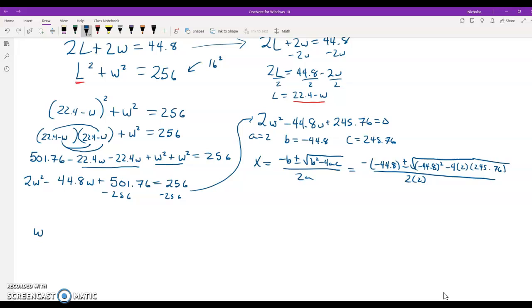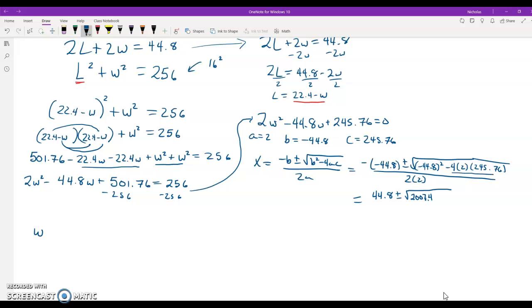All right, we're going to get some pretty big numbers here, but we can handle this. So this is going to be 44.8 plus or minus square root of negative 44.8 squared. It's going to give us 2007.04.